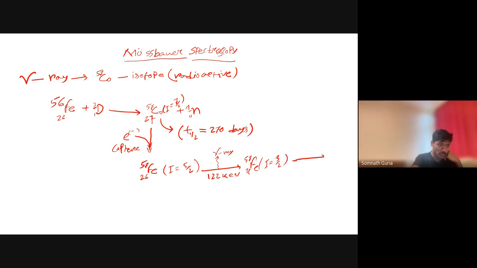This system releases another gamma ray with energy around 14.4 kilo electron volt, producing iron 57 with I value equals 1/2.